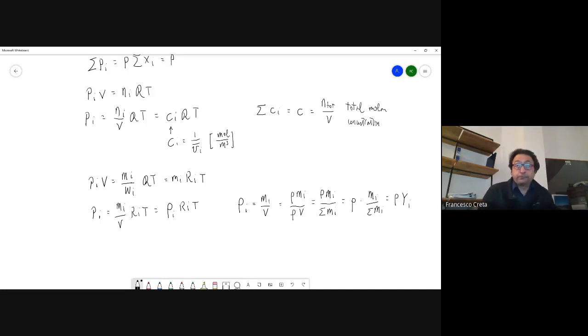And therefore, we can write down the relationship between mass fractions and mass concentrations, which is, in some sense, similar to the partial pressures and mole fraction relationship that we saw earlier.